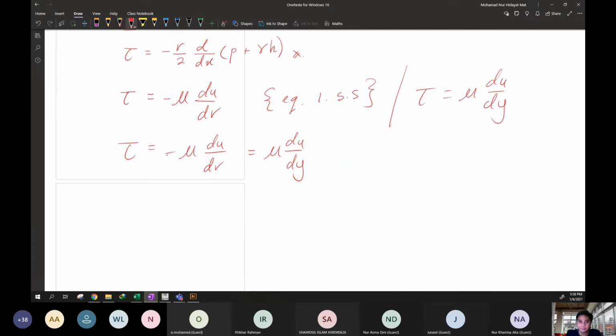Anyone, are you there? Okay, let me call. Okay, Najmul. Because I think the tau, the shear is in opposite direction to the motion. Okay. The direction is opposite as well. Opposite direction.